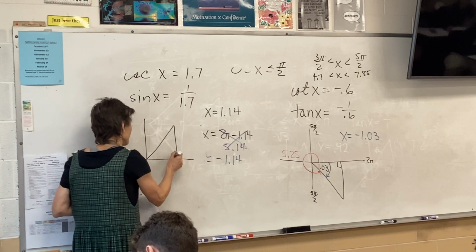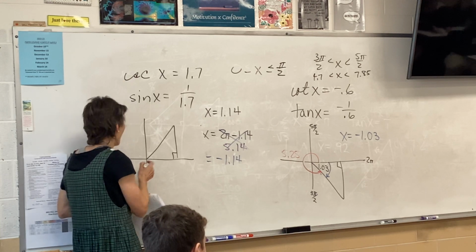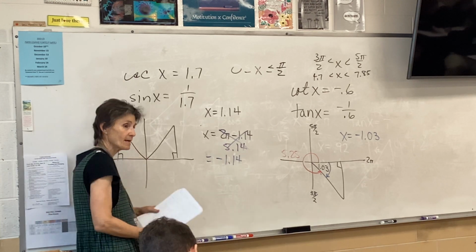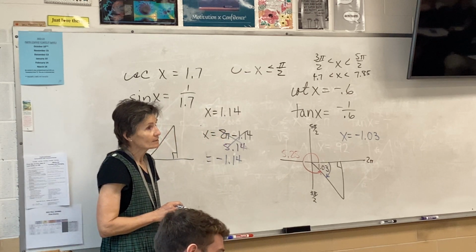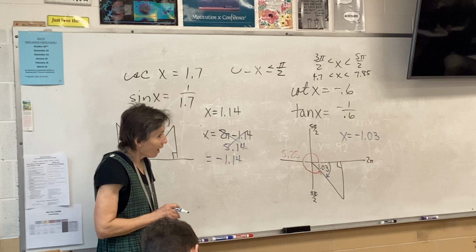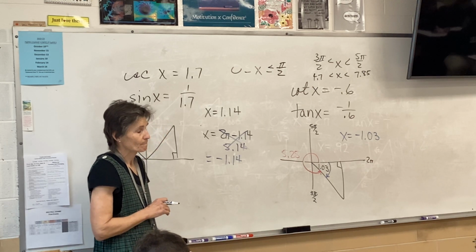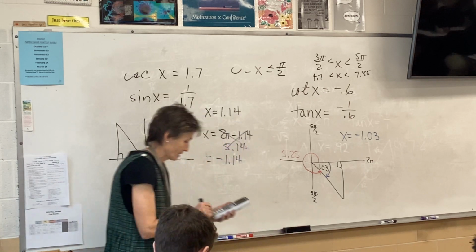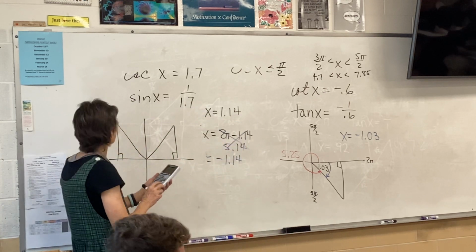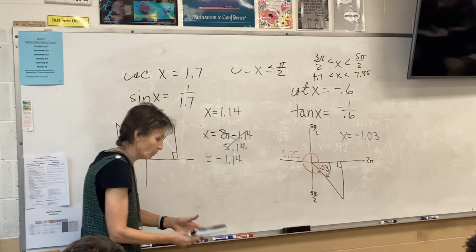Quadrant 1 for sure. And then where else? Quadrant 2. Very good, Chris. Because sine is positive when y is positive. Because sine is y. Okay. So let's get that reference angle. Second sine 1 divided by 1.7. I got 0.63.